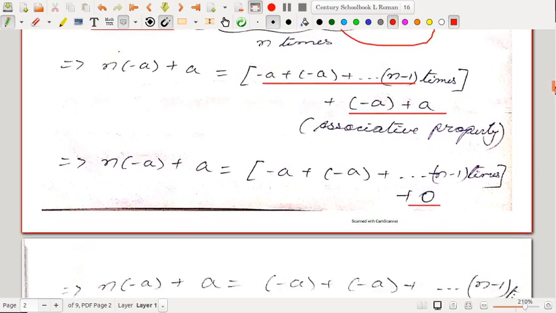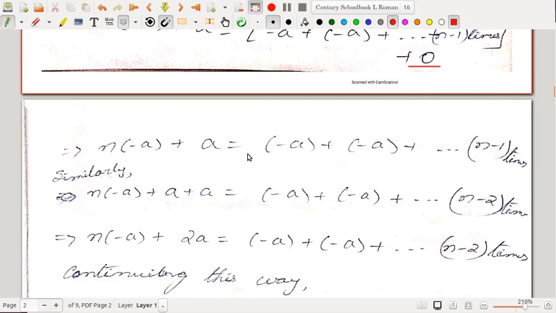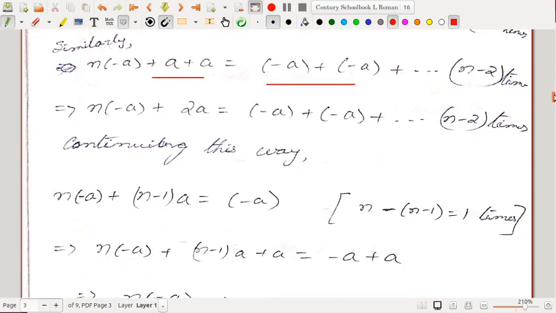You repeat the process by adding a again. On the right side you will get minus a added n minus 2 times. You repeat this process again, add a on both sides, you will get n into minus a plus 3a equal to minus a added n minus 3 times.